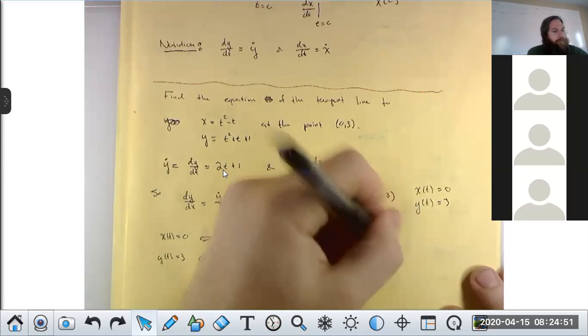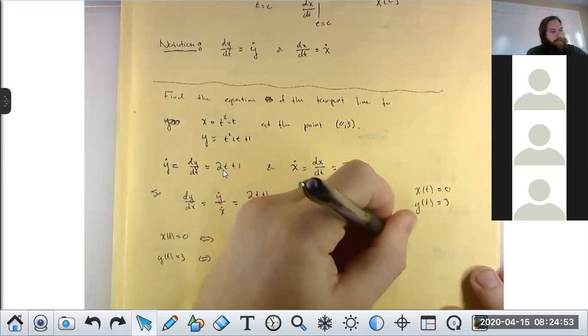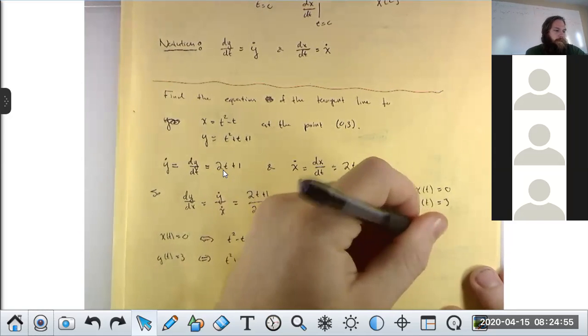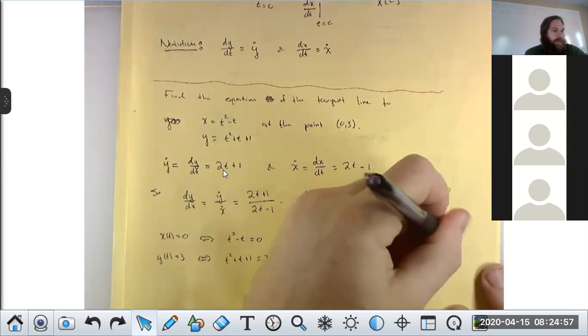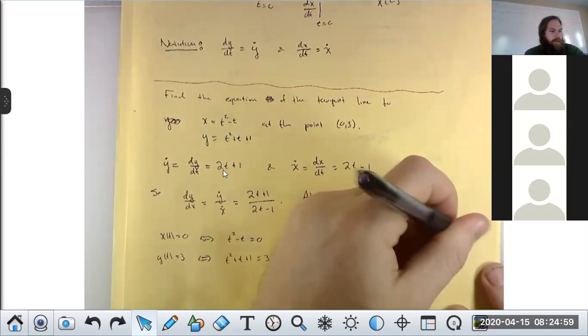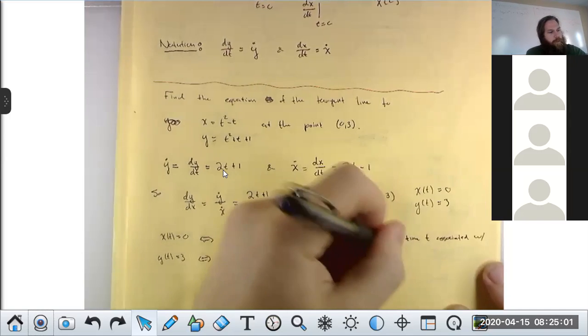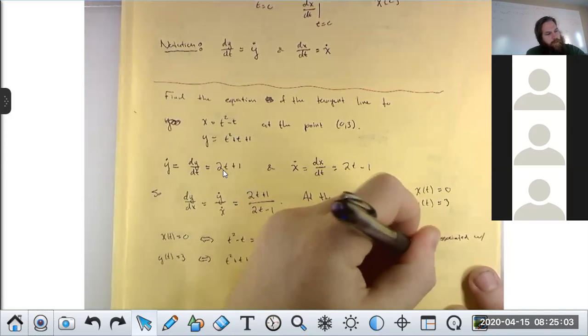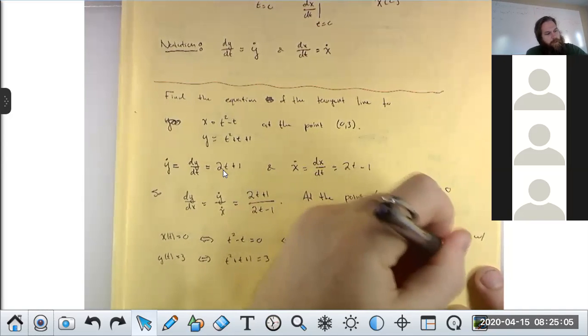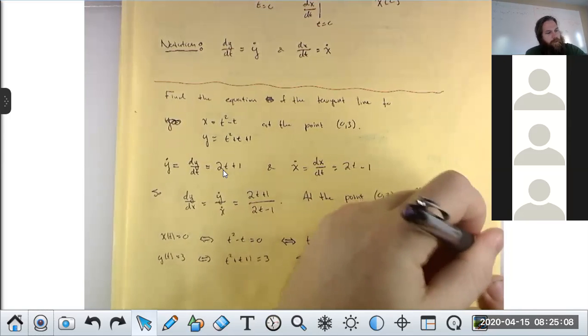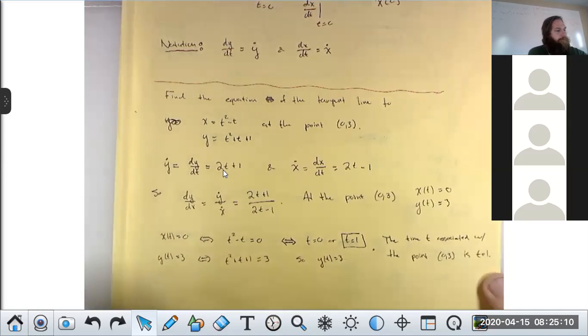So the time t associated with the point (0, 3) is t equals 1.